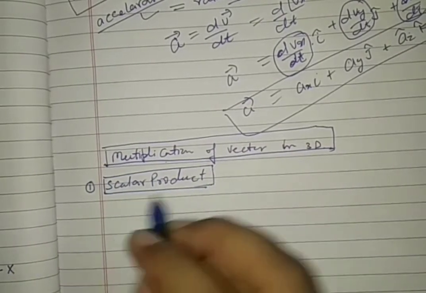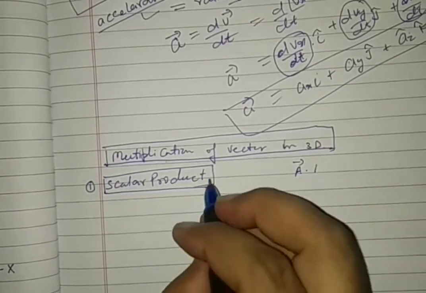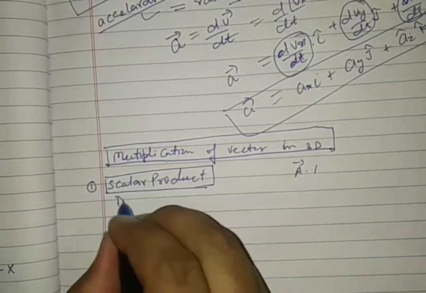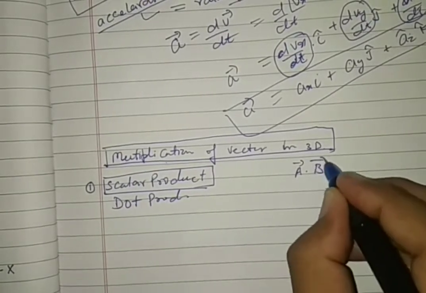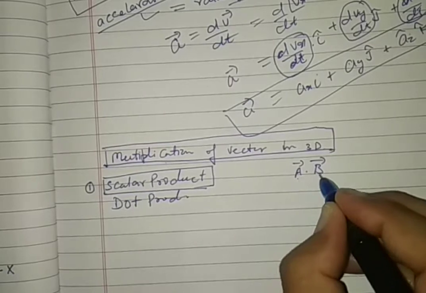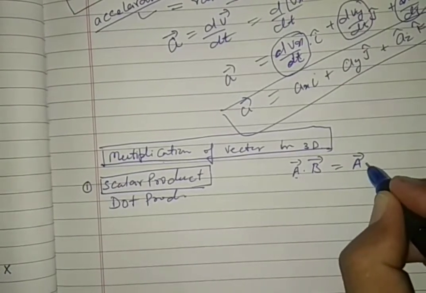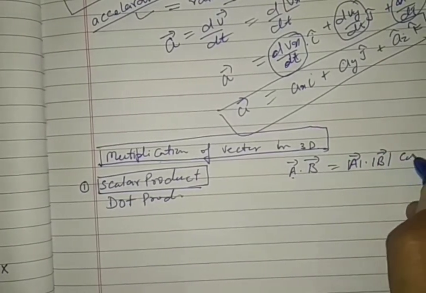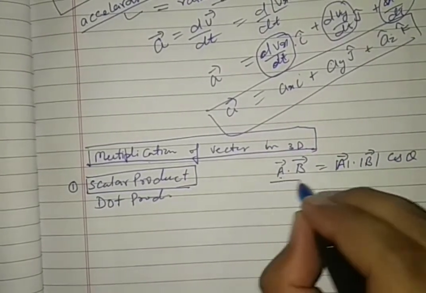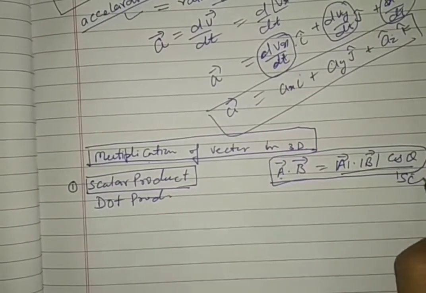If we have two vector quantities, the scalar product, also called the dot product, of vectors a and b is denoted by a dot b and defined by mod of vector a into mod of vector b into the cosine of the angle between both. The resultant in this case is always a scalar.